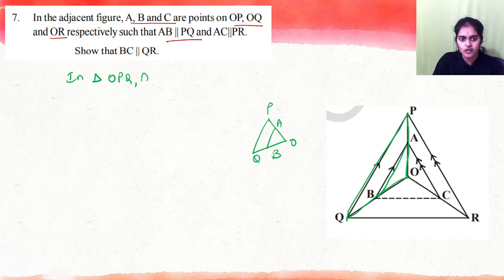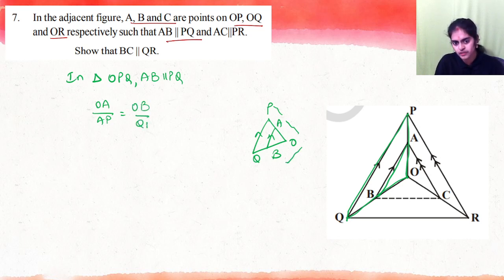So in this triangle you have AB is parallel to PQ. These two are parallel. So when they are parallel, what can I write? OA by AP is equal to, you started with O. So here also you should start this side only with O. OB by QB. Understood?